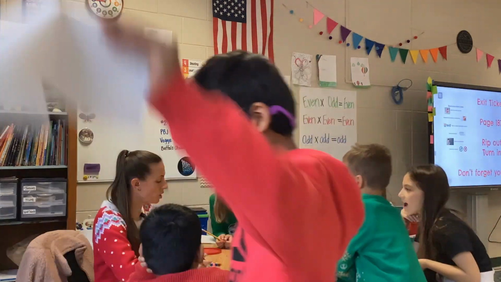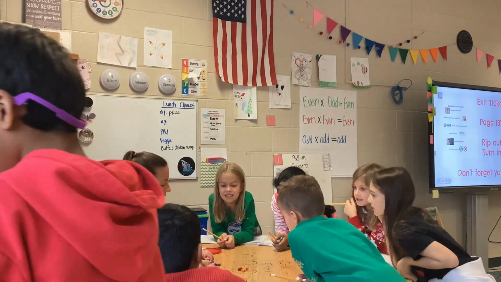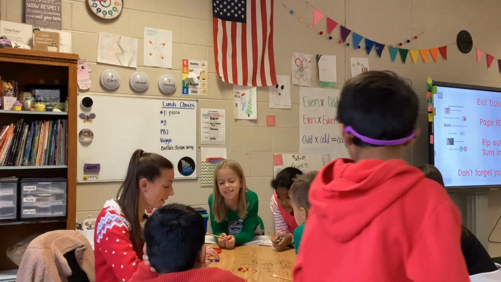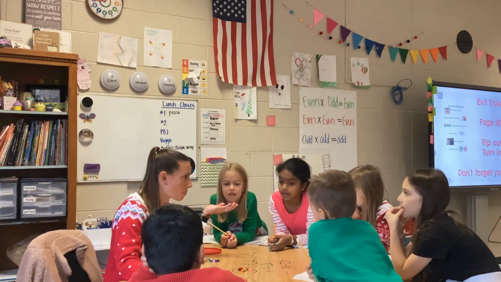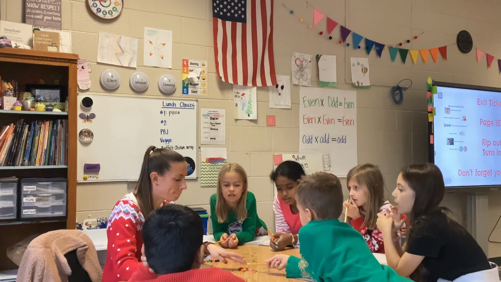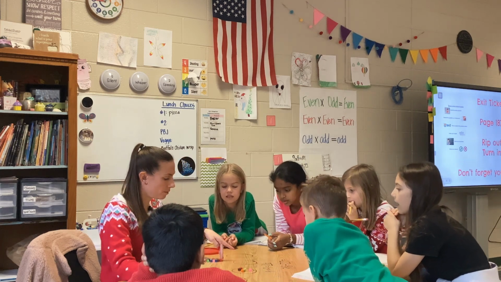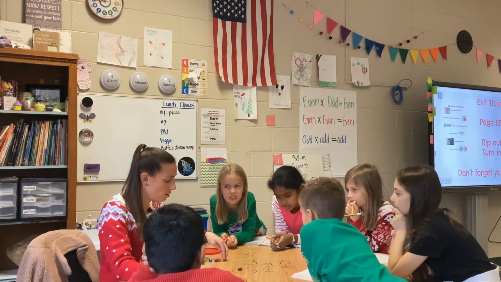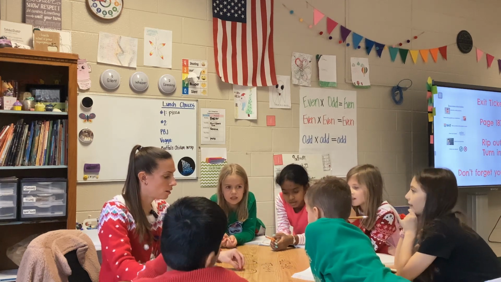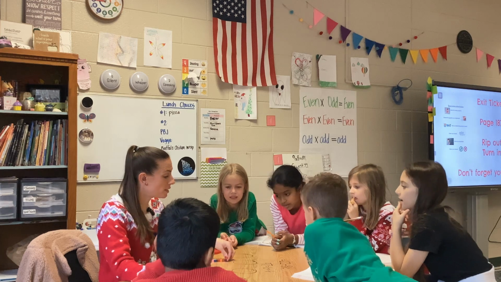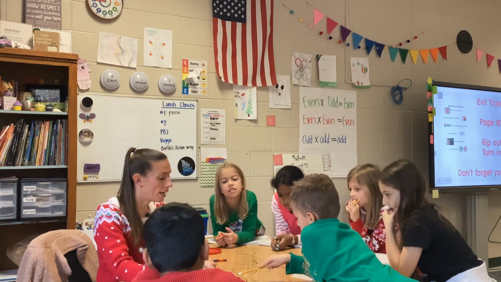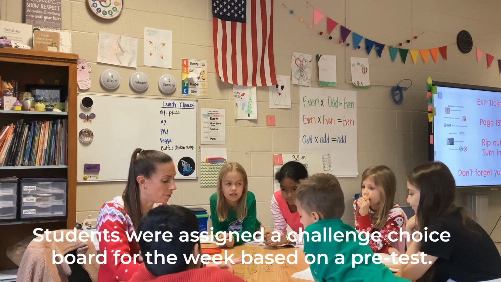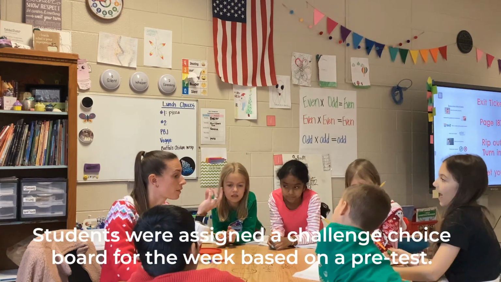Okay, let's try it again. 3, 6, 9, 12, 15, 18. Am I done there? No. What next? 21. 24. And then 27. Does that match? So then how many are left? 9. 1, 2, 3, 4, 5, 6, 7, 8, 9.